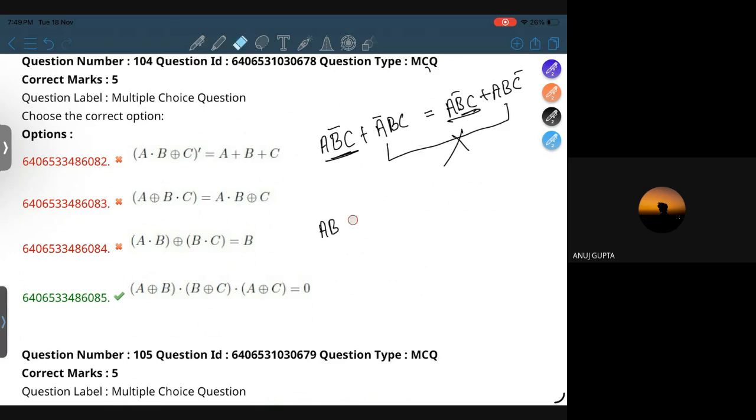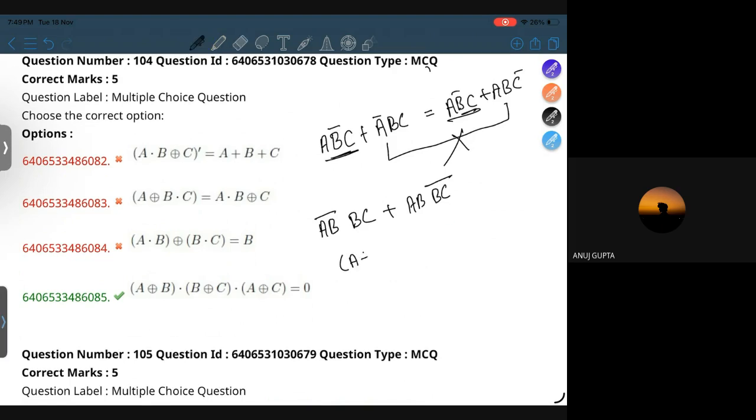A B complement, A B, A B complement B C plus A B B C complement, which will be zero. No, how come? You have to open it, no? Oh, okay. Let's open it.